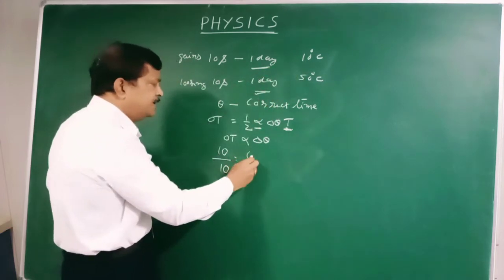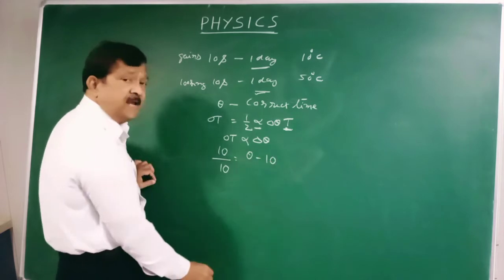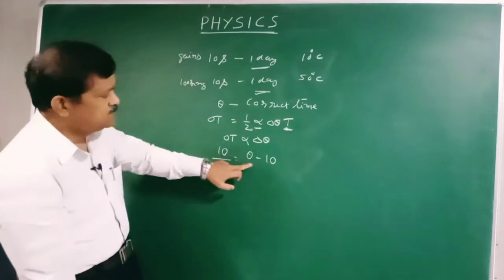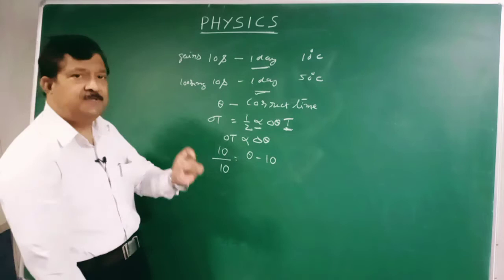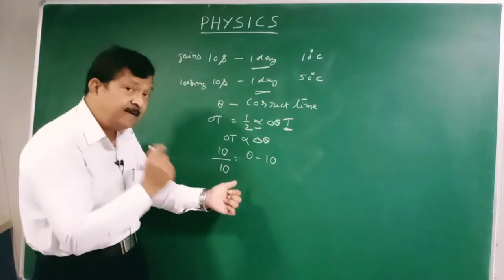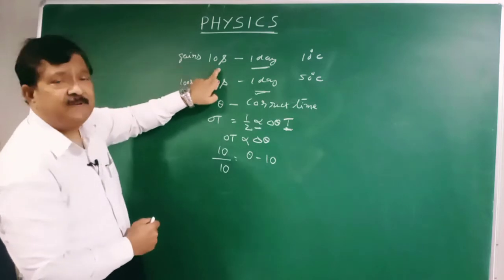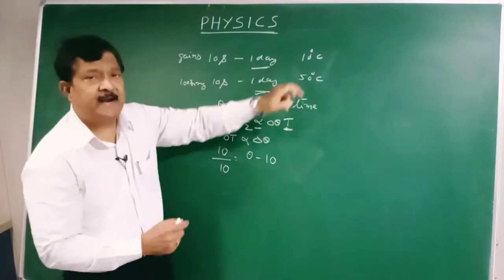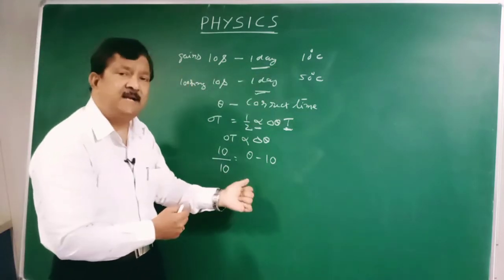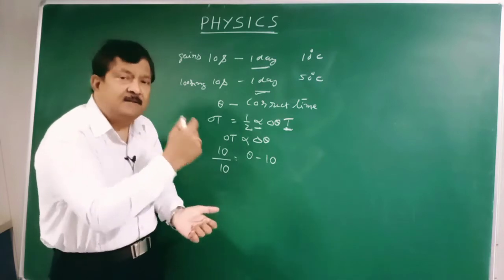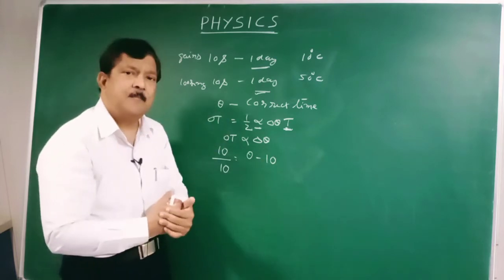Very clearly the change in temperature is theta minus 10. Let us try to understand this point. Theta is the temperature at which it gives the correct time. But at 10 degrees centigrade, it is gaining 10 seconds of time. That means this 10 degrees centigrade is smaller than the value of theta. So from that theta, the change is theta minus 10.